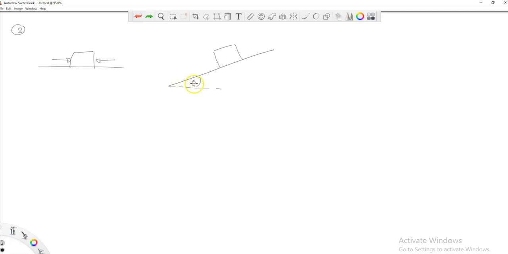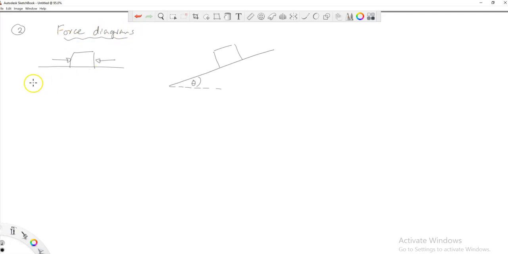Alright, so how do we mark the forces on a diagram like this, an inclined diagram? We call these diagrams where we mark the forces force diagrams, right? Such a meaningful name, force diagrams.